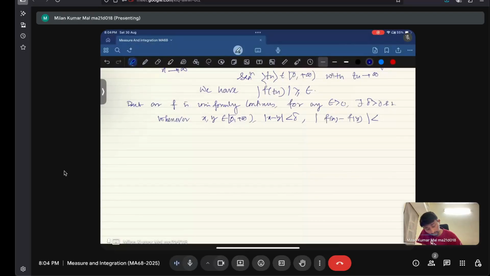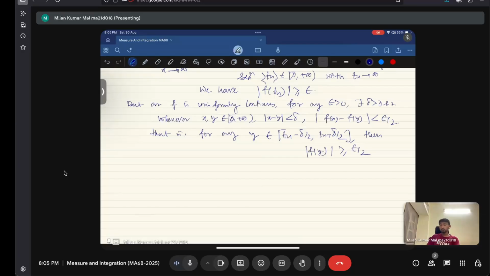So that means for any y belonging to the interval Tn minus delta, Tn plus delta, f of y should be greater than or equal to epsilon by 2.